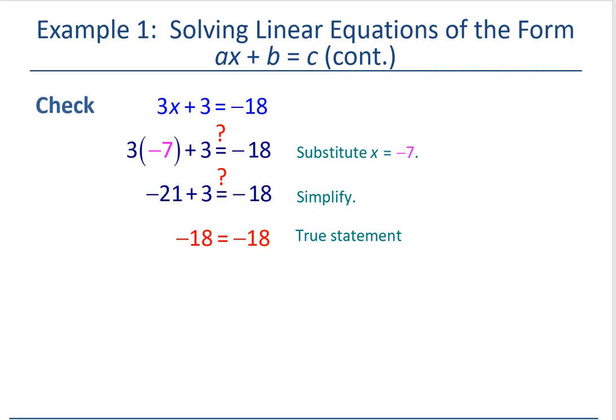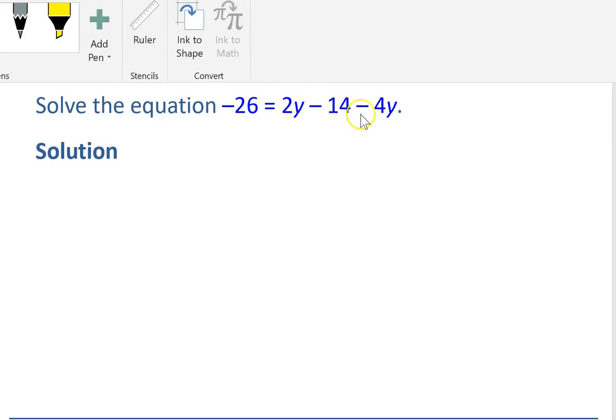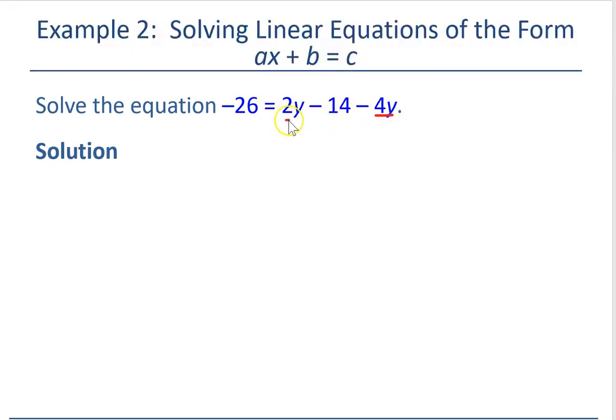So let's jump in here and do a couple of examples. Okay, we've got negative 26 equals 2y minus 14 minus 4y. First off, you always combine like terms. Notice I have a y here and a y here.